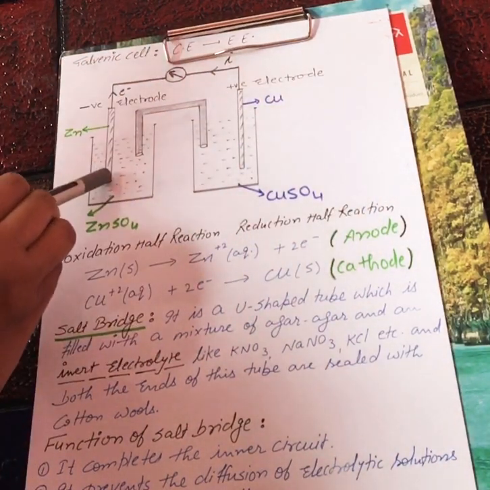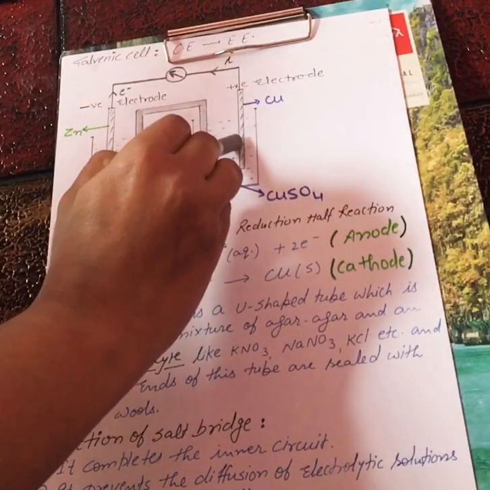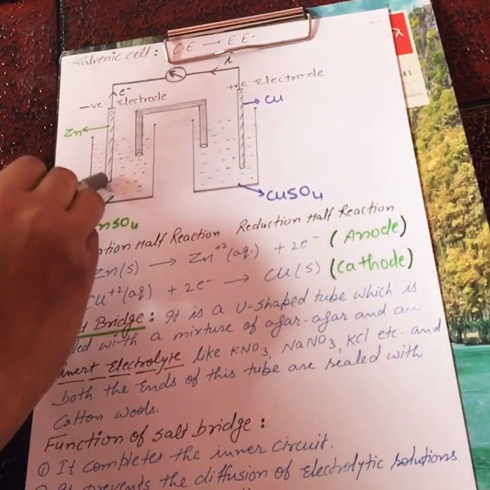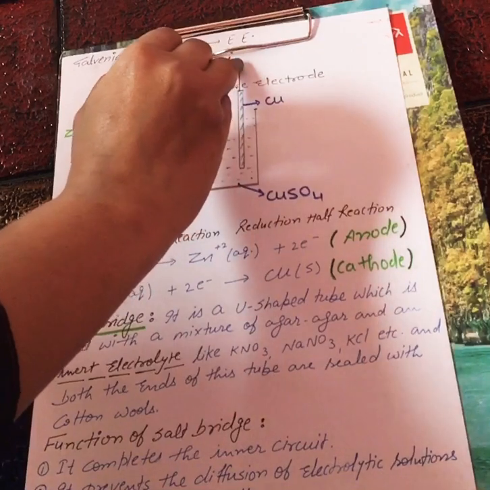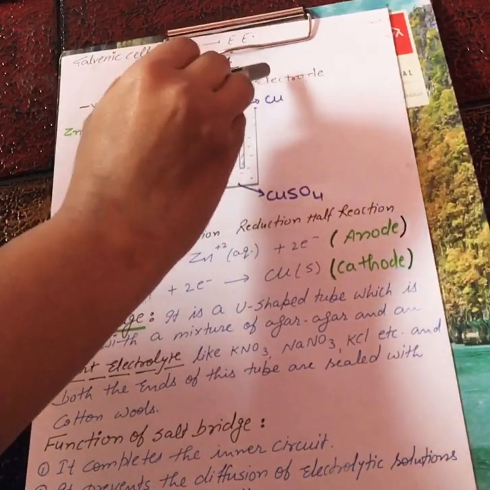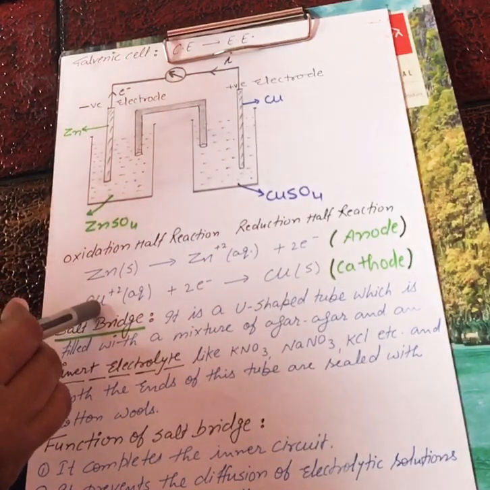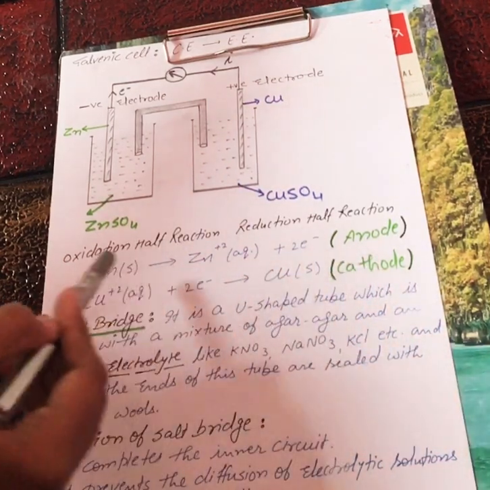That means electrons will move from anode plate to cathode plate. When electrons move from anode plate to cathode plate, current will move in the opposite direction. That means cathode to anode, by which we can say the copper plate shows the reduction, acts as cathode.